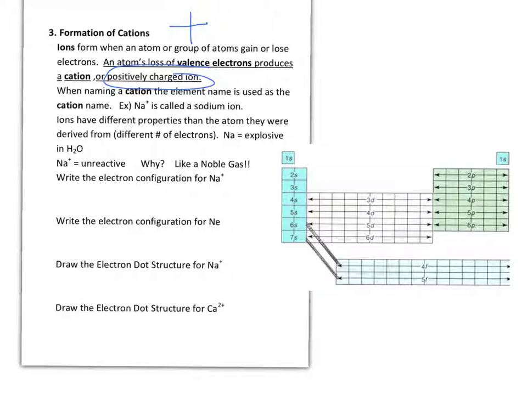When naming a cation, and this is important because you will use this later when we are naming compounds, you use the element name. So if it is a plus, it is then just referred to by that element. For example, sodium forms an ion by losing 1 electron, and so therefore it is called the sodium ion.